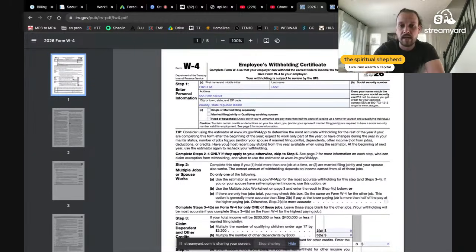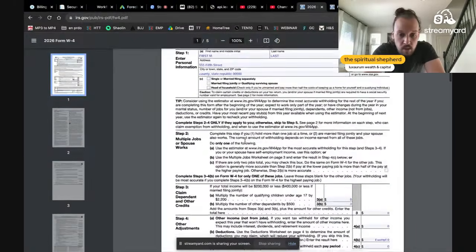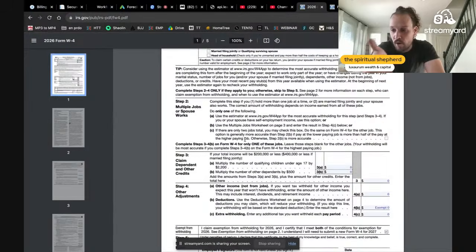What does that mean, guys? It says it right here on their forms, bro. Claim dependent or any other credits. So every person has credits. Where do you get credit from? Why do you have credit?